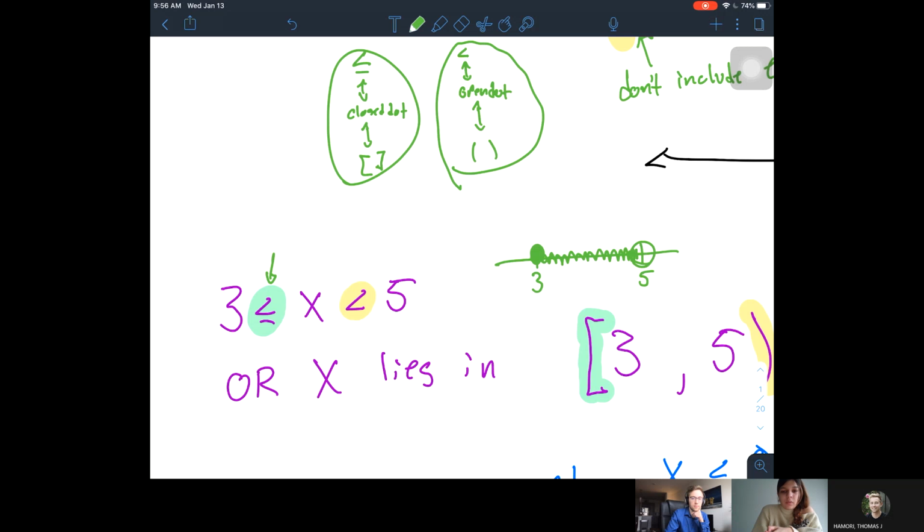Oh, that is why it's an open dot, because x can be anything below 5. Correct. But not 5. Anything below 5. And 3 is the closed dot because x is equal to or larger than 3. Oh, I got that now.